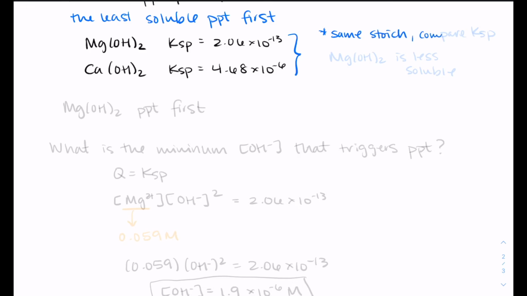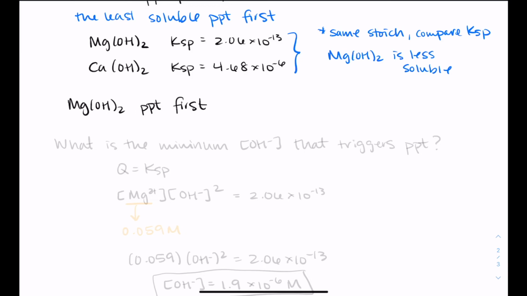So first question then after this is, what is the minimum hydroxide concentration that triggers precipitation? So the precipitation happens right when you go past that Q equals KSP point.